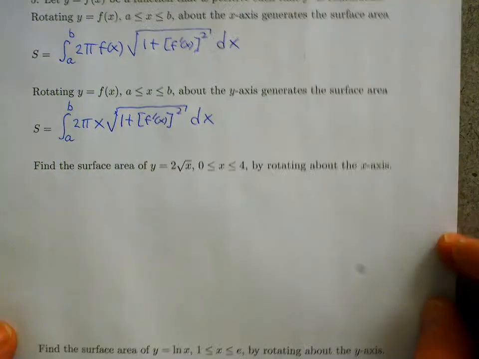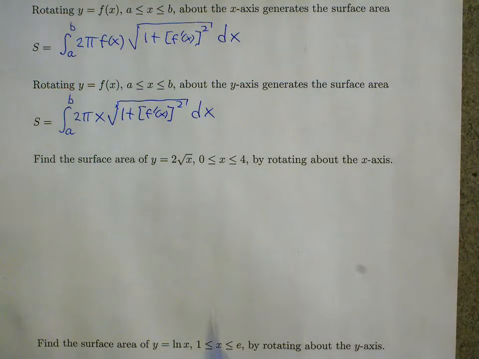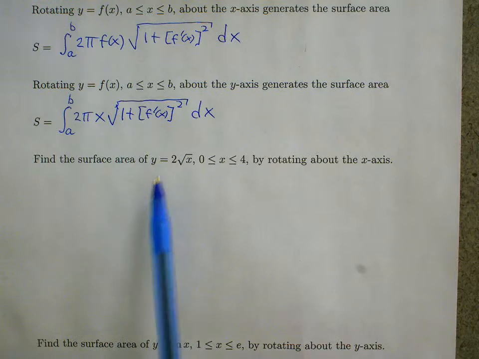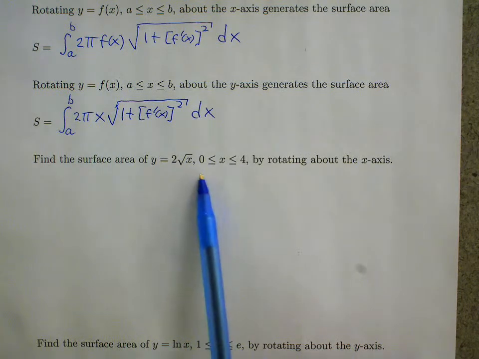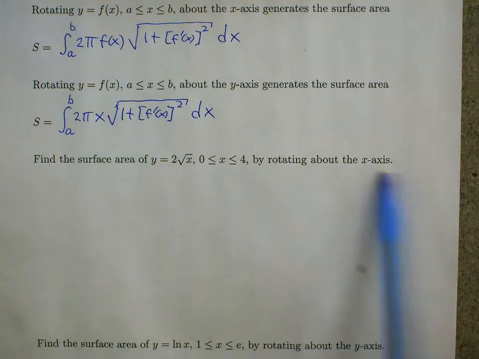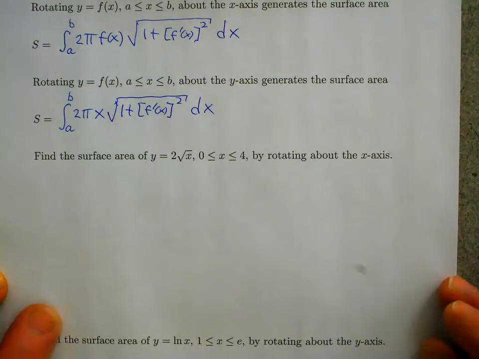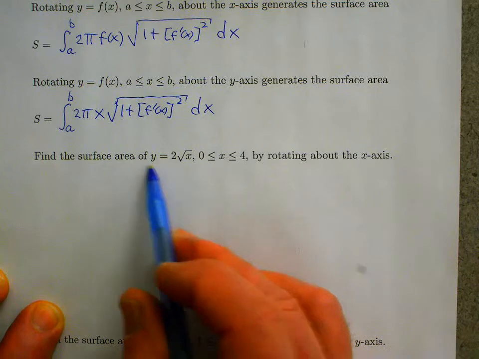Okay, let's find the surface area by rotating y equals 2 times the square root of x for values of x between 0 and 4 about the x-axis. Okay, this is our f of x.